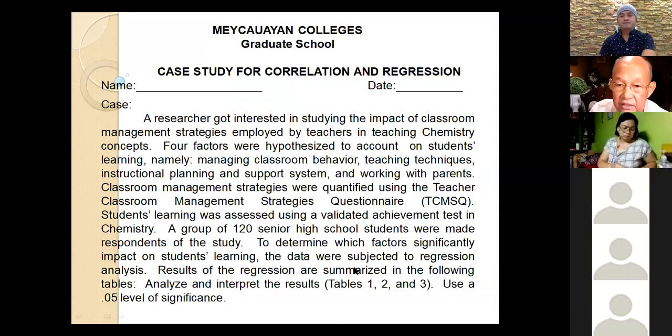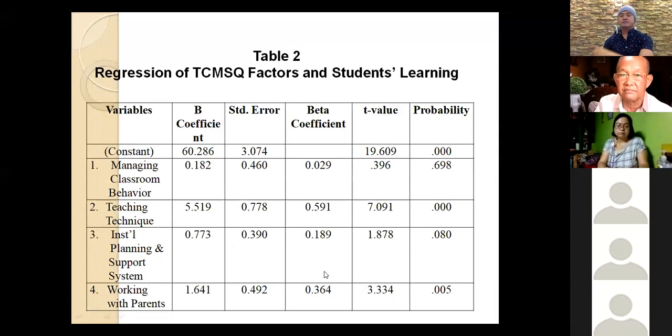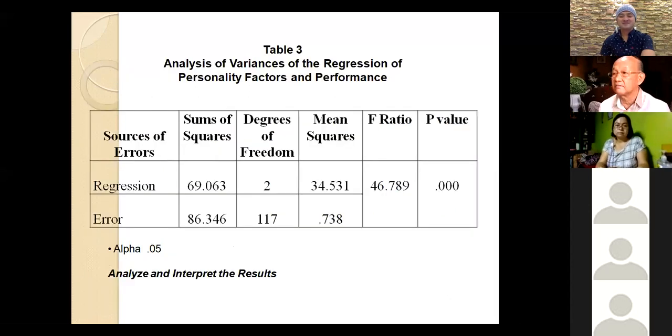Afterwards, the results of the SPSS are presented in 3 separate tables. Results of the correlation analysis of the classroom management strategies and student learning. That's Table 1. There is the results of the regression. Finally, the results of ANOVA.